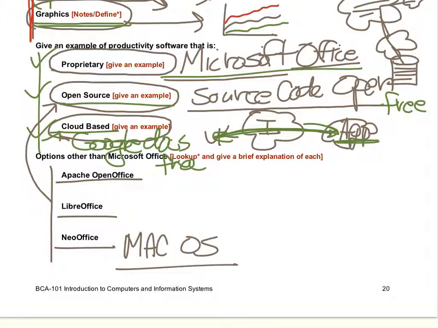So you can get a comparable package to Microsoft Office, but these are open source. They are all free for usage, and they will allow you to upload the files or convert the files to Microsoft Office. Alright, so there are program suites.